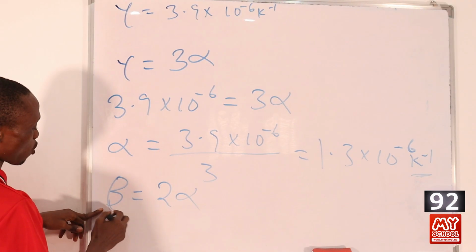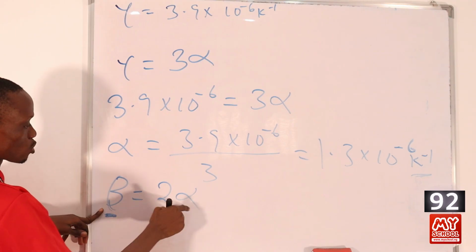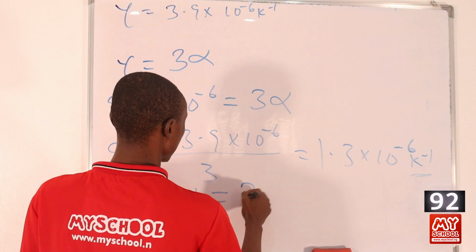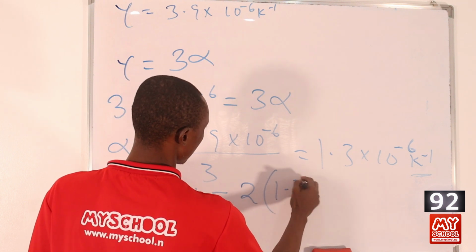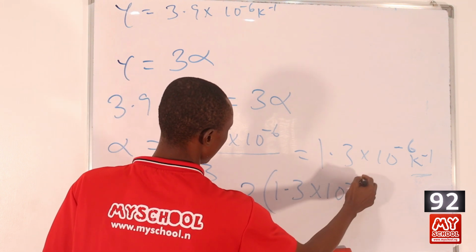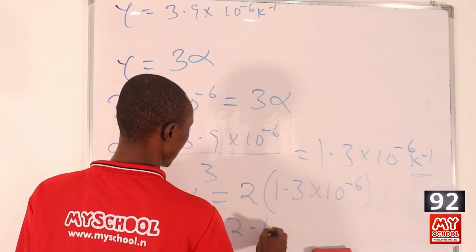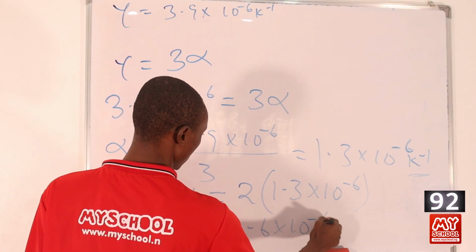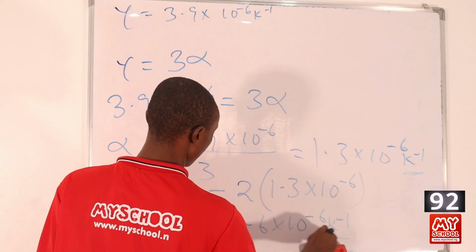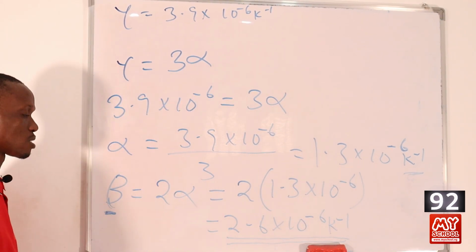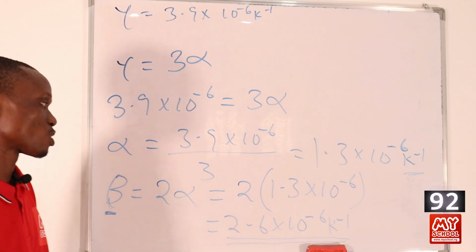So for us to find the value of beta, we just substitute the value of alpha. In this case, we're having 2 times 1.3 times 10 raised to power minus 6. If we multiply, we're having 2.6 times 10 raised to power minus 6 per Kelvin. So the value of the area expansivity is equals to 2.6 times 10 raised to power minus 6 per Kelvin.